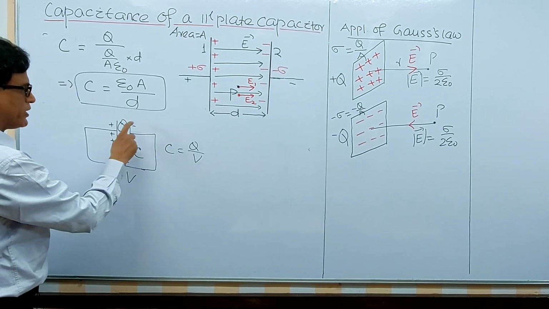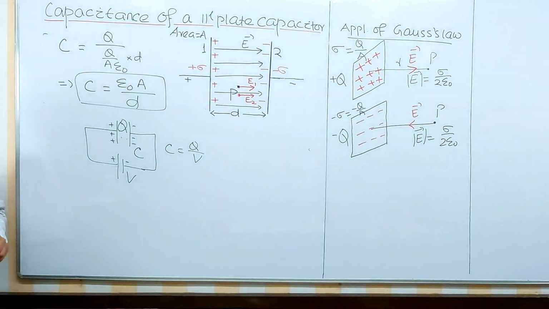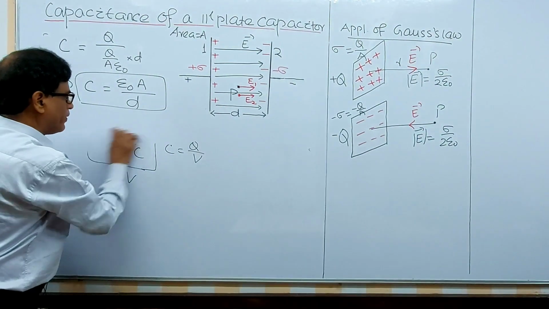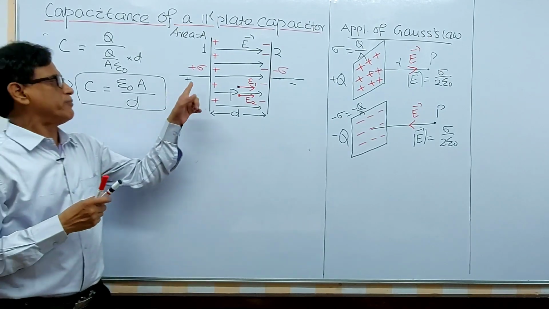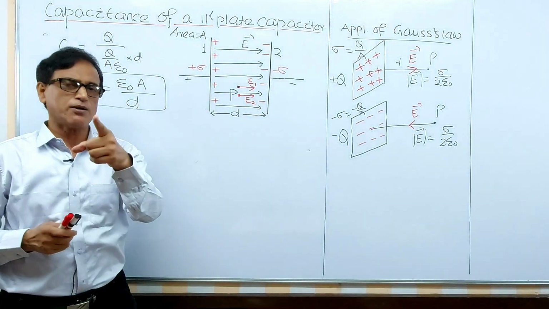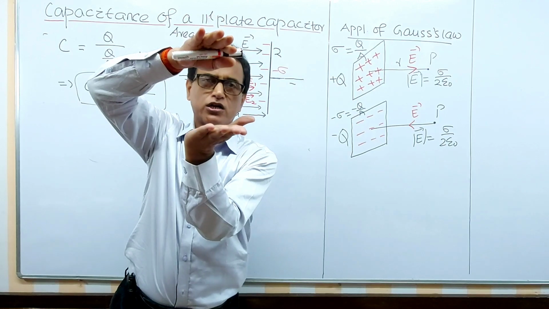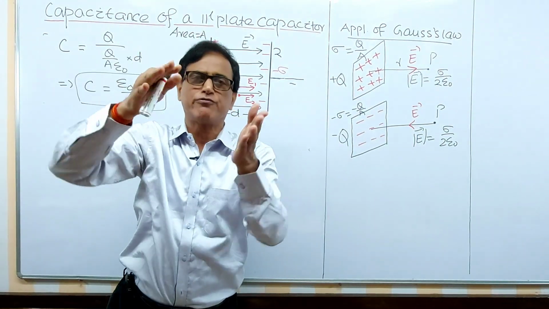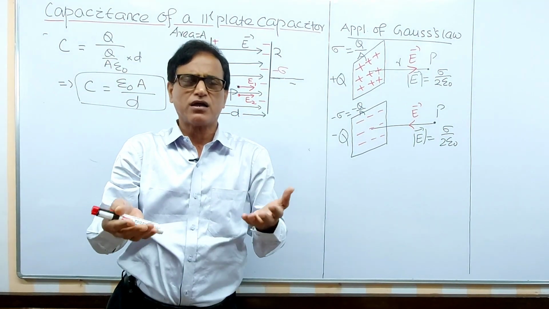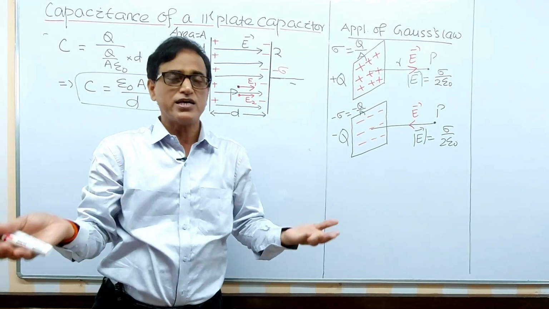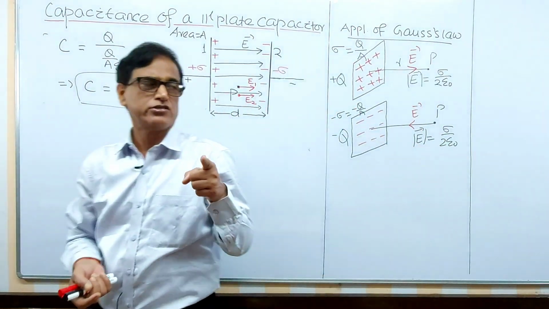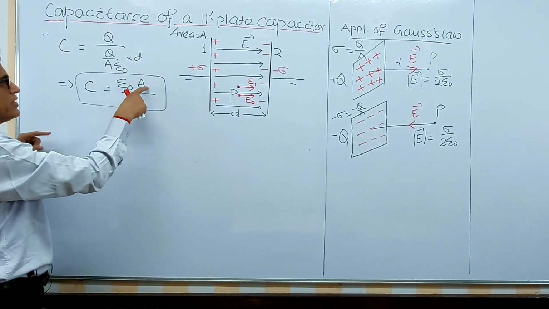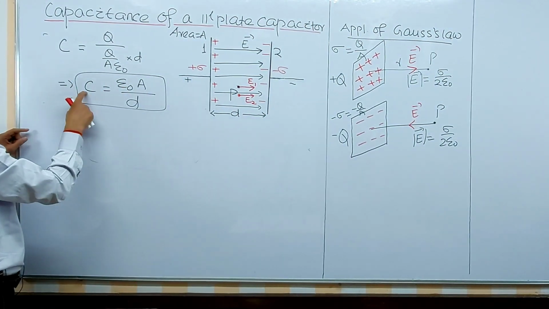Capacitance does not depend upon the charge stored across the capacitor, but capacitance depends on physical structure of these plates. If you change the plate area of two conductors, if you take a square, a circle, or a rectangle, you can change the plate area. If you change the plate area, then you can change the capacitance. More the area, more the capacitance.